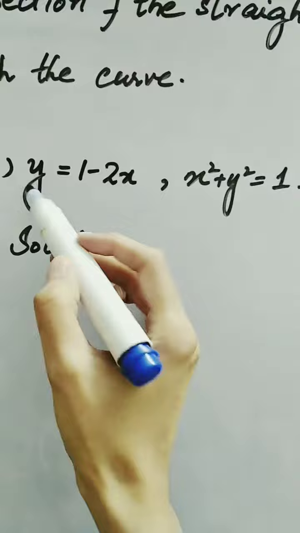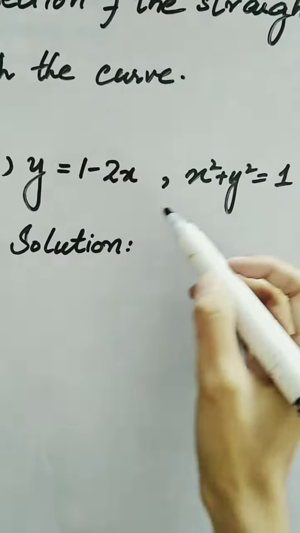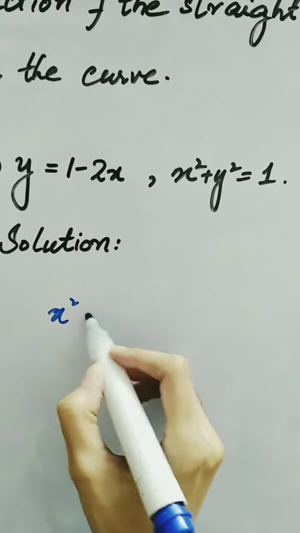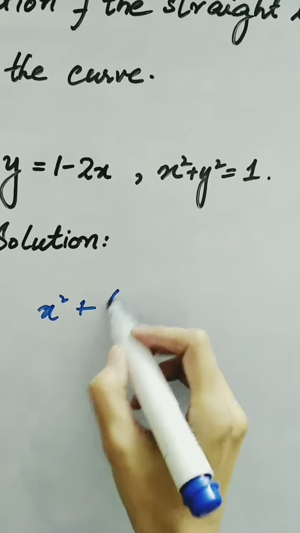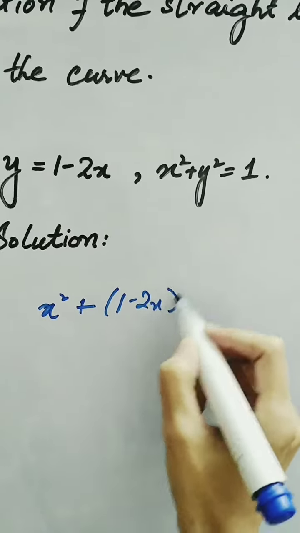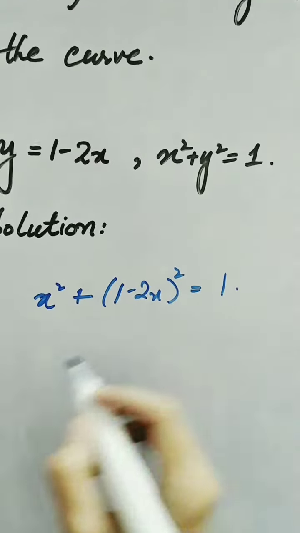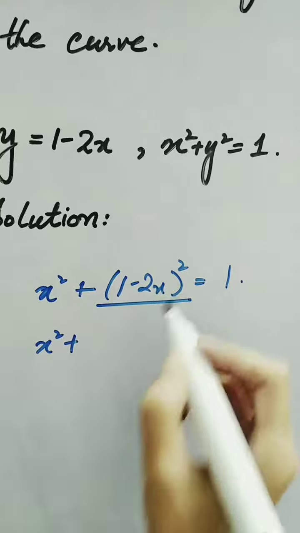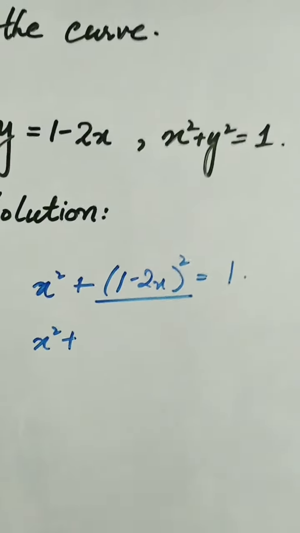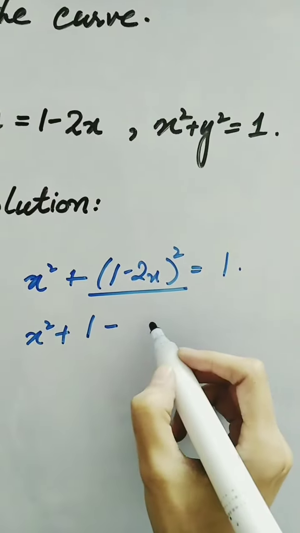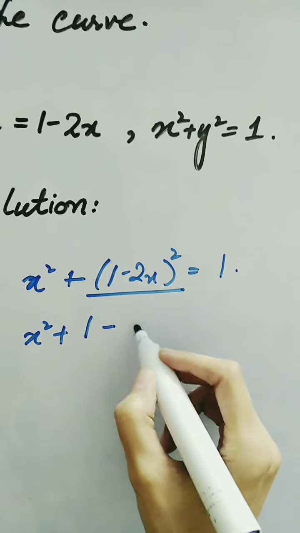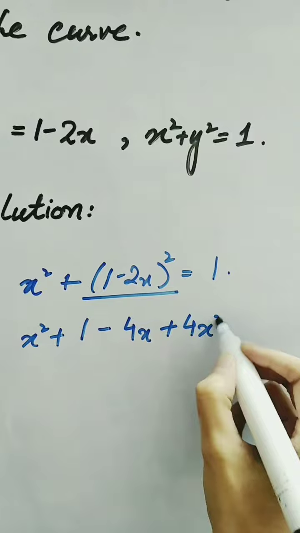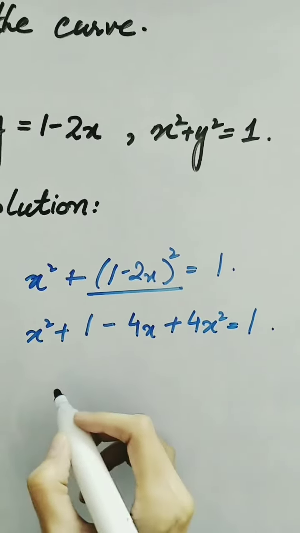First we will put the value of y equals 1 minus 2x in the second equation, which is x square plus, instead of y, we will put 1 minus 2x whole square equals 1. We will expand this expression with the help of a minus b whole square formula. We have 1 minus 4x plus 4x square equals 1.